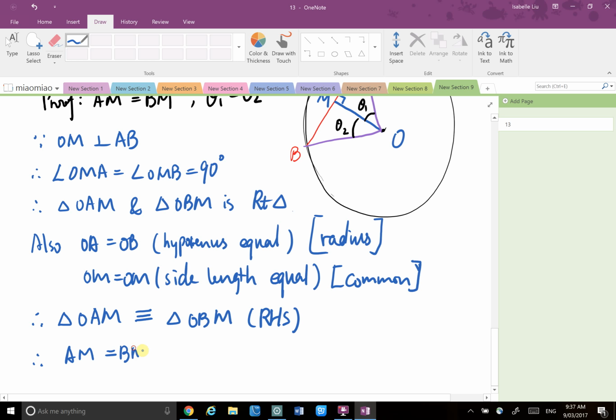So that's the other pair of corresponding sides. And then theta 1 must equal theta 2, because they are opposite to AM and BM, and they are the corresponding angles. When those two triangles are congruent, that will give you the same theta.